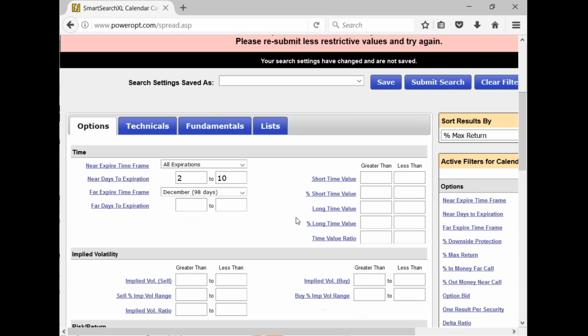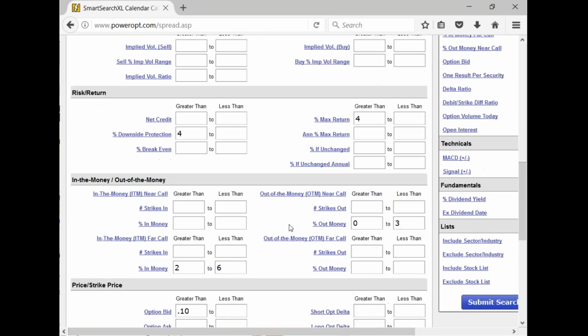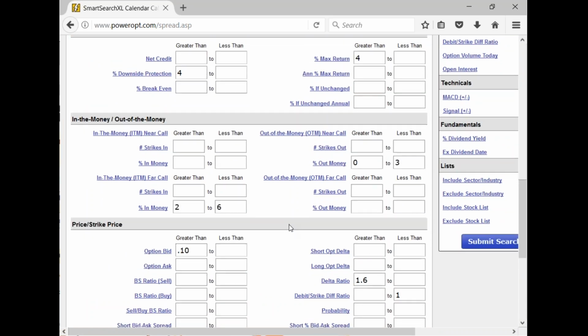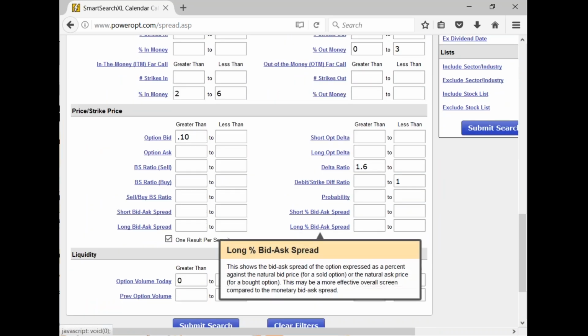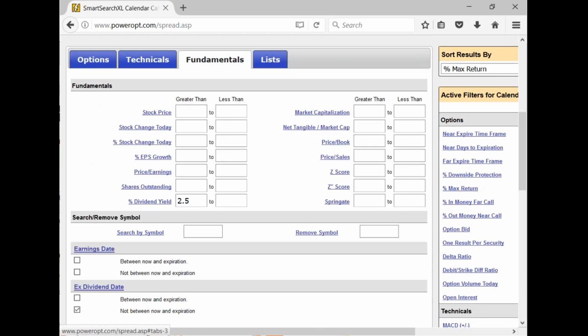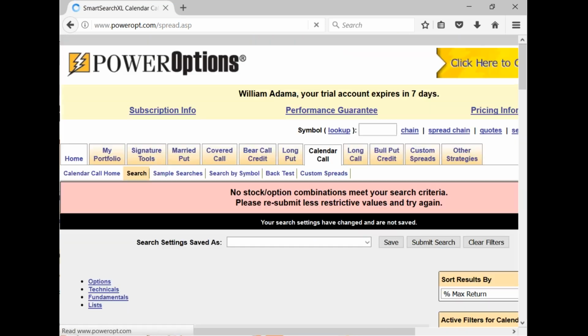Okay, there's nothing here that matches my criteria. Why? Return's good, that's good, that's good. Delta ratio is good. Option volume and open interest is good. You know what? I apologize. Let's do it this way. Maybe it is looking at both. I have a feeling it's looking at both.